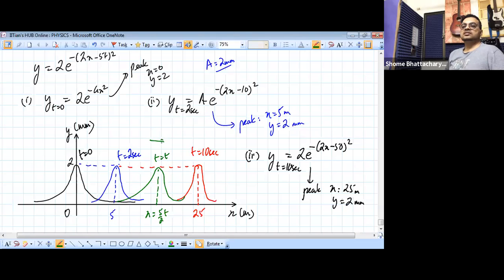So you can see that this is traveling. The peak has shifted from 0 to 5t by 2 in t seconds. So it's traveling with the speed of 5 by 2 meters per second. So this is how it represents a traveling pulse.